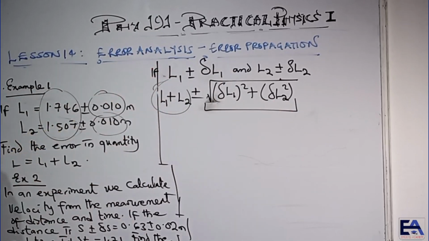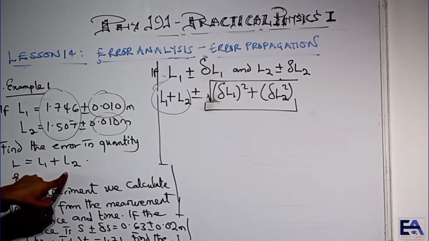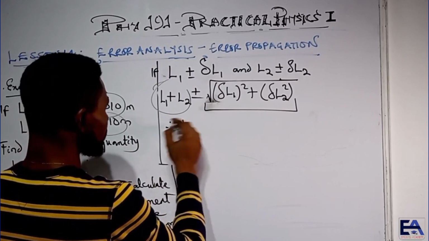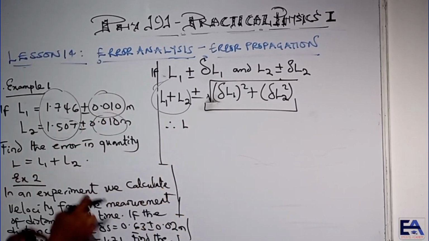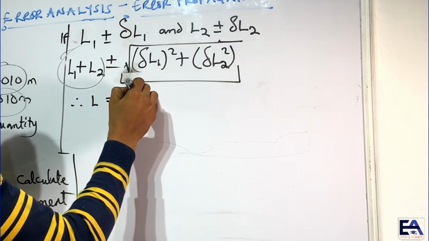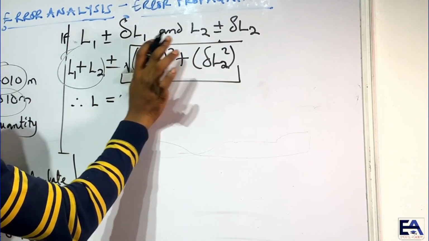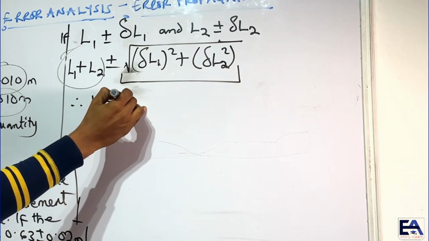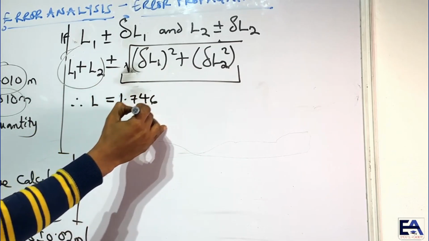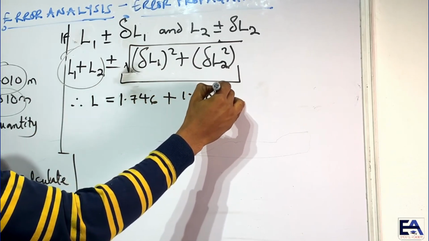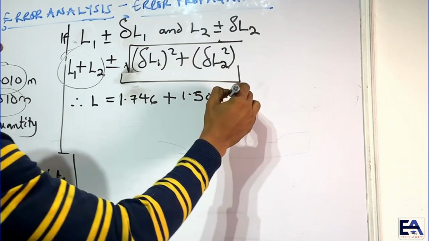So in this question now, we are asked to add the two of them. So for the addition, you now say, therefore, the total, which is the addition of the two of them, is going to be equal to what? L1 plus L2 actually is going to give us 1.746 plus 1.507. Okay?